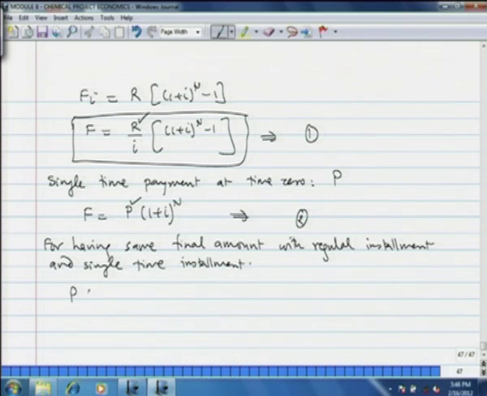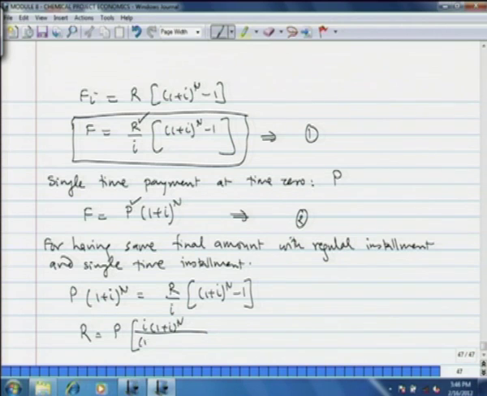So, P into (1 plus i) to the power n is equal to R by i into ((1 plus i) to the power n minus 1). So, we get a relation between R and P as R equal to P into [i into (1 plus i) to the power n divided by ((1 plus i) to the power n minus 1)].